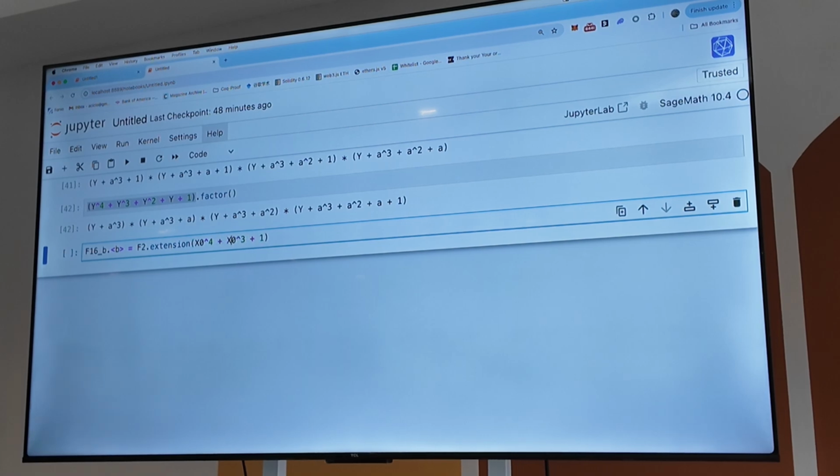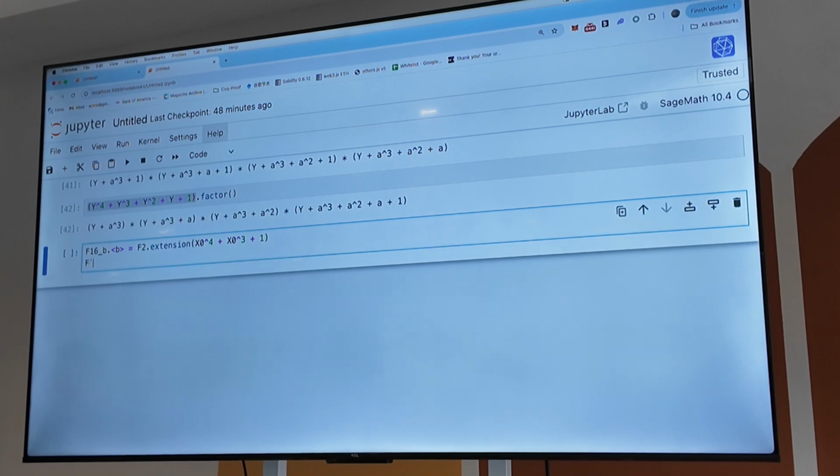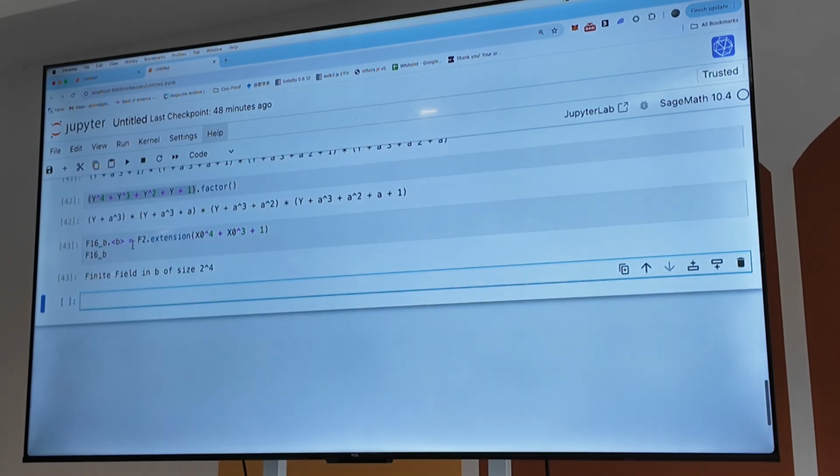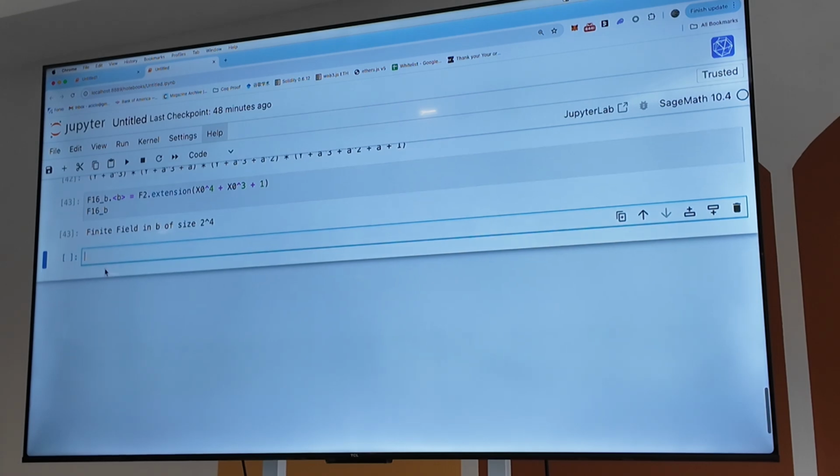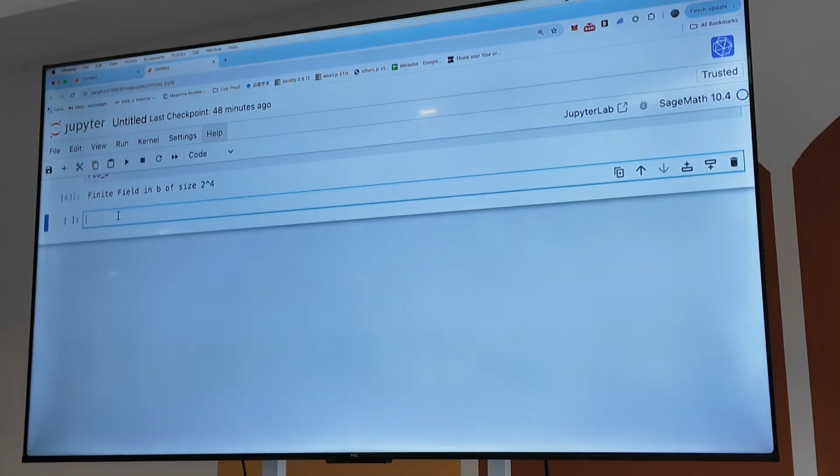You can see that we define another F16, right? Another F16. I should say that this F16 is not equal to the F16 I defined before, but they are isomorphic. They are isomorphic.